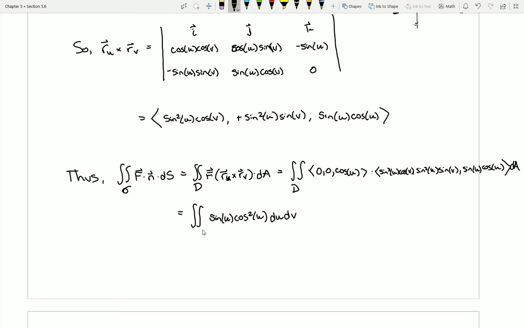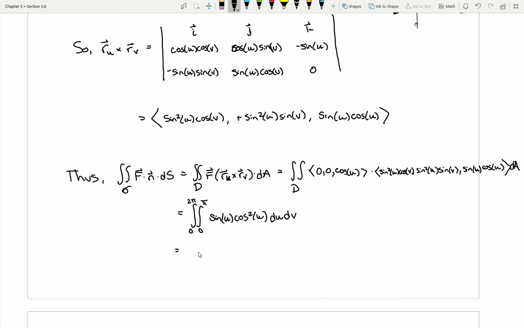And so if I think about my bounds on u and v, I have this integral pretty much set up. u goes from 0 to pi, and v goes from 0 to 2 pi. So this is it. I'm pretty much done. Notice that this is actually really easy to do antiderivatives with.